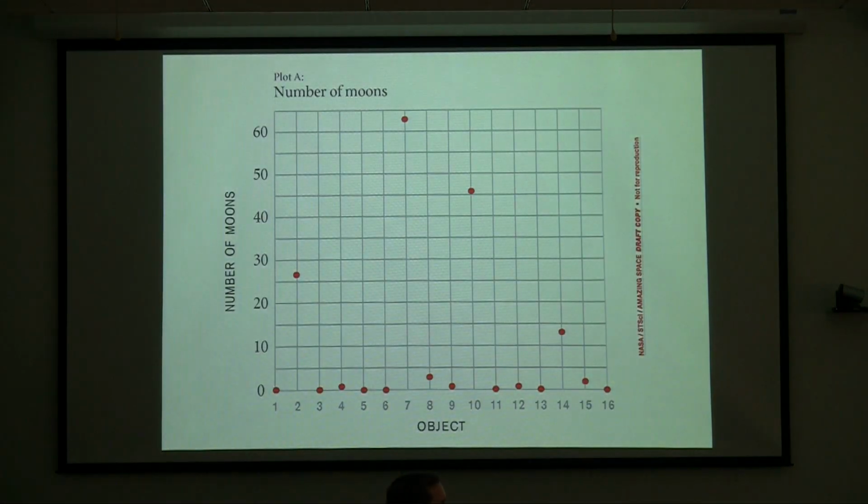Okay, so if you look at plot A, which is on the top, we've got the number of moons. Now that we've plotted it like this, let us ask this lady over here in the black sweater. This is going to be so easy. I'm making it really easy for you. Tell me one thing. You don't have to come up with all the answers.